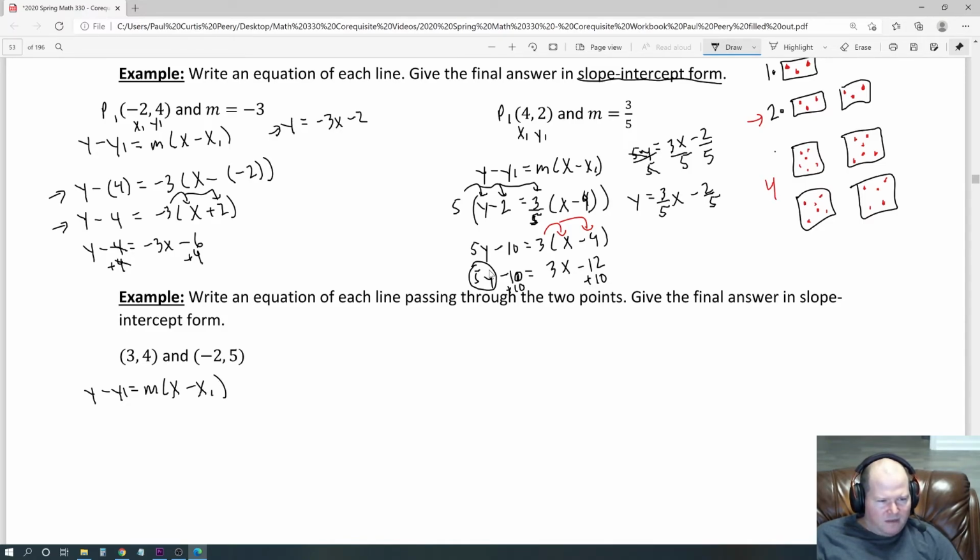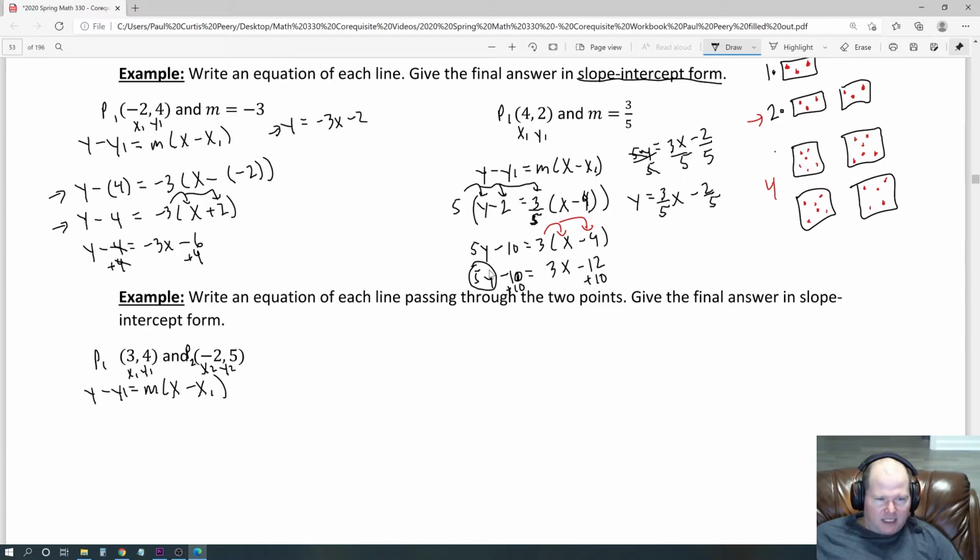Okay, so we have a point. Good. We have point 1, which gives me x1 and y1. So far, so good. We have point 2, which gives me x2 and y2. So far, so good. I need to plug in my point, which is the y1 and x1 here. So far, so good. But I also need a slope. That's not good. Okay, so I need a point and a slope to plug into the point-slope form to come up with a linear equation.